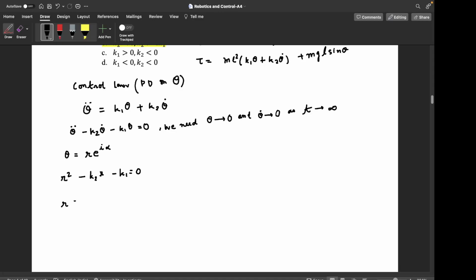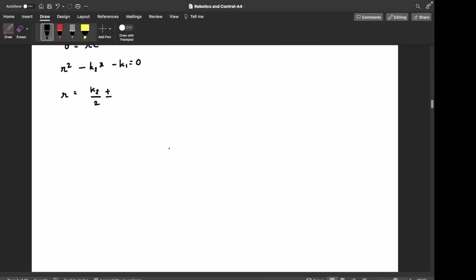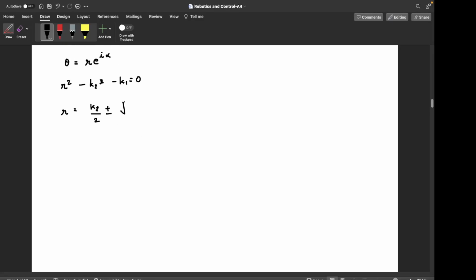So r is k2 by 2 plus minus under root b square plus 4k1 by 2.